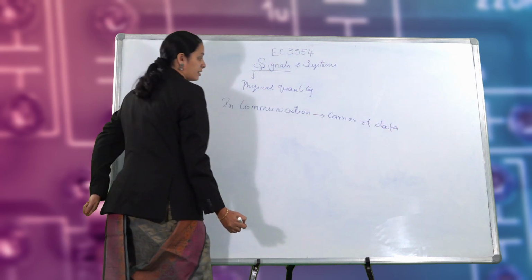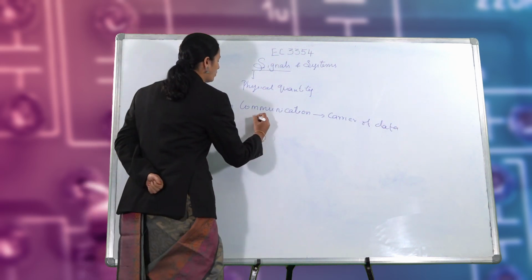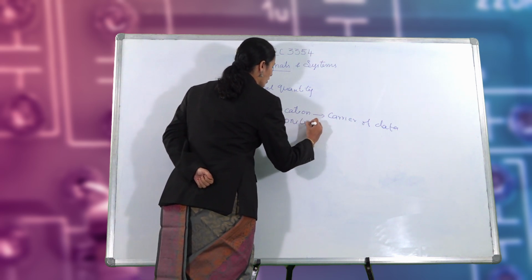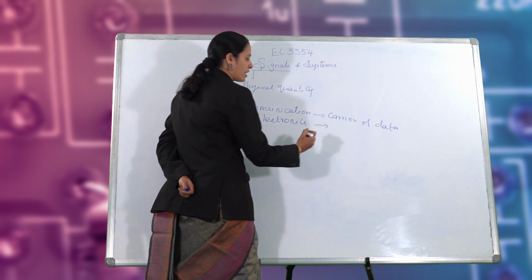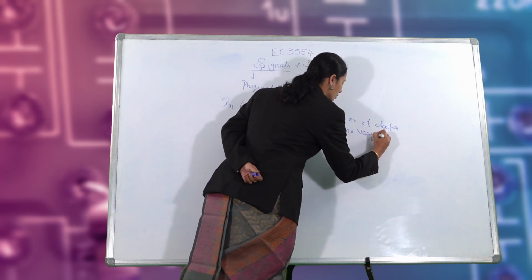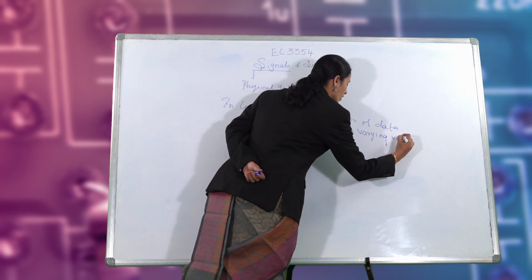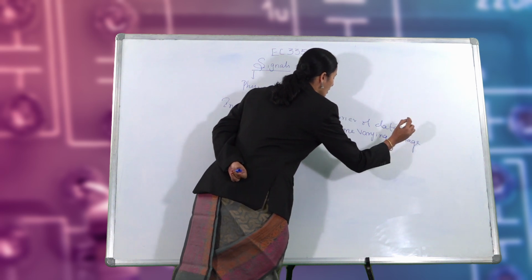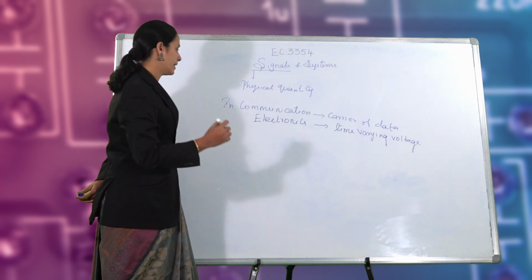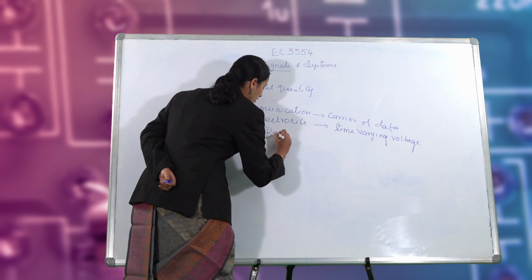The same signal, if you are representing in terms of electronics, we call it as a time varying voltage. Not only in communication and electronic systems, we can even represent the signal biologically.